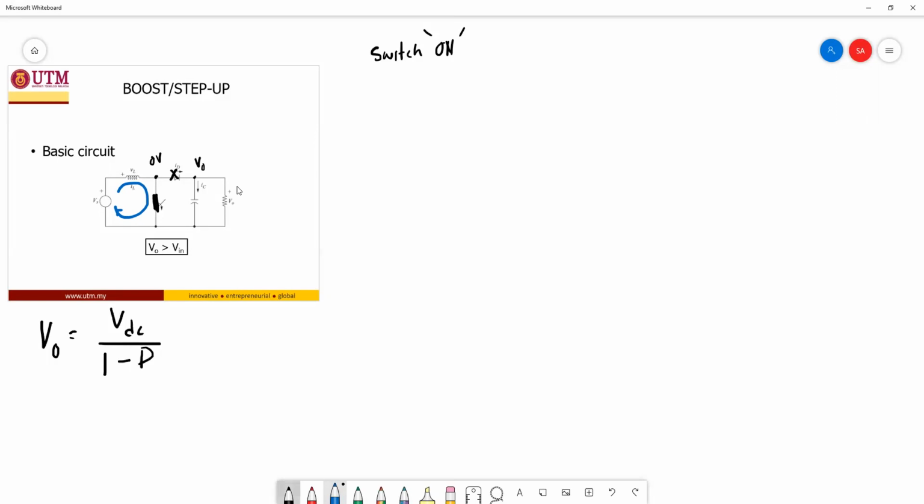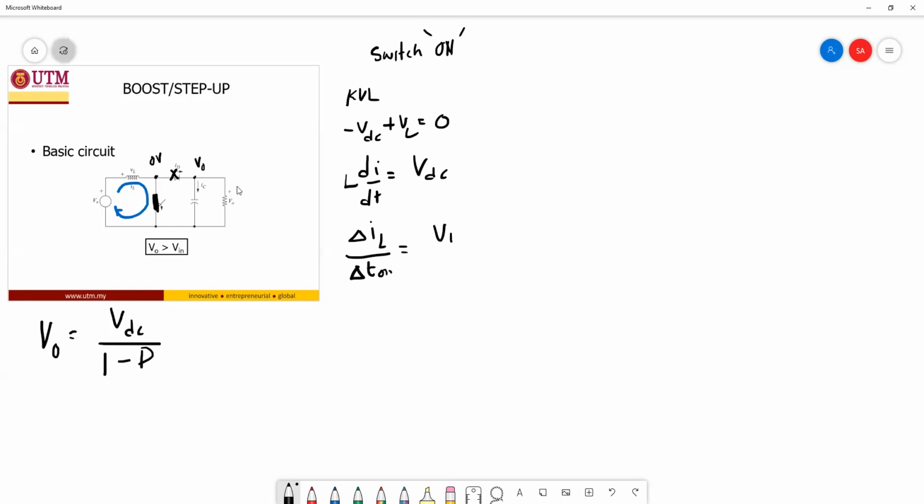So the KVL during the switch on can be written as negative VDC plus VL is equal to 0, so VL is simply VDC. We know that L di/dt is delta IL over delta T on, so this will be VDC over L. Finally, the change of IL during switch on is VDC over L multiplied with DT.